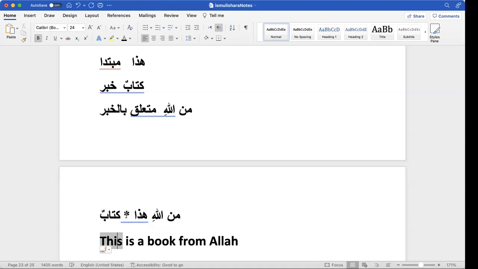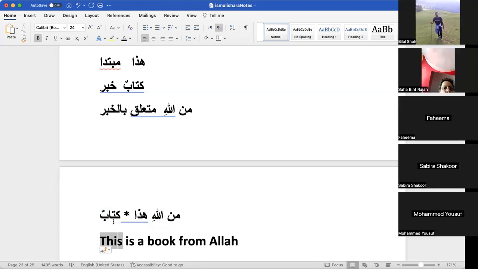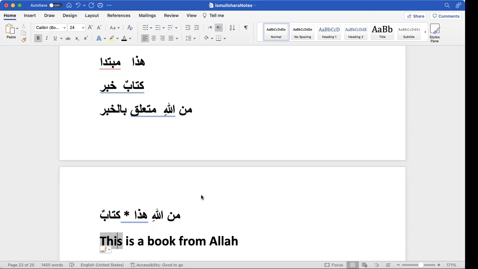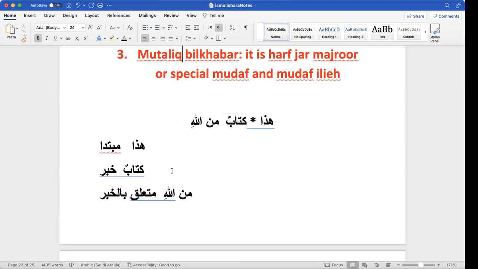There is a break in the chain between khabar and mubtada, so you put "is a book," and then last the mutalik bil khabar: this is a book from Allah. That's why I'm telling you the Arabic sentence is not sequential. It's not always the same. Mubtada may come at the beginning, or somewhere else in the sentence, but your job is to find that mubtada.